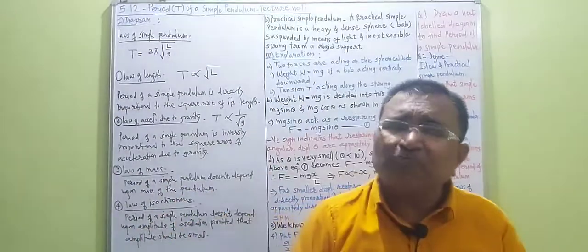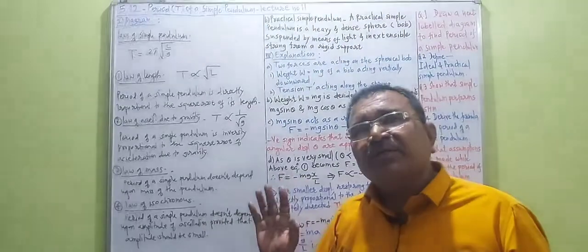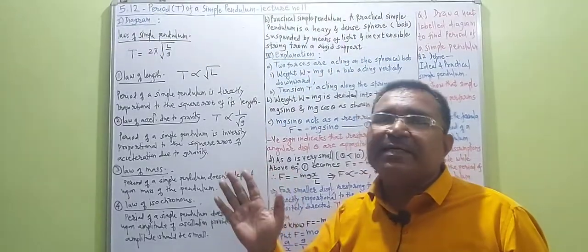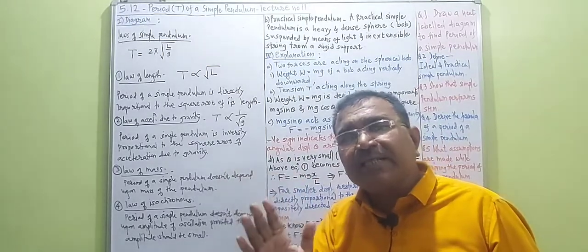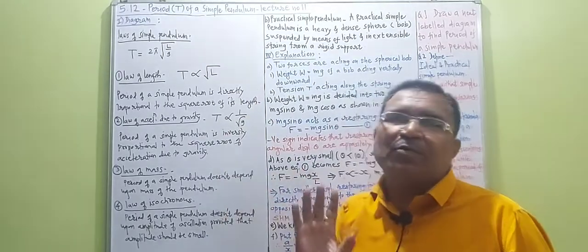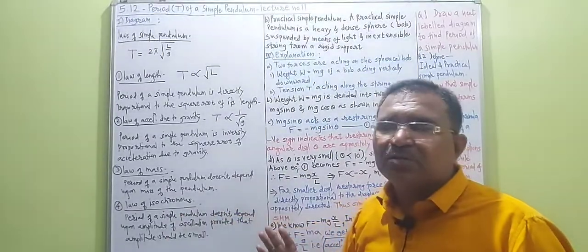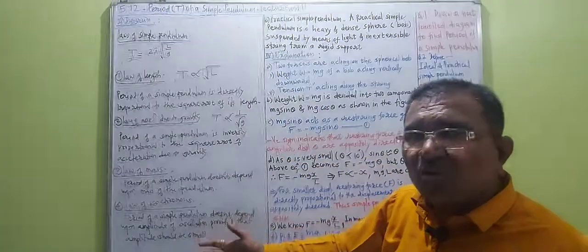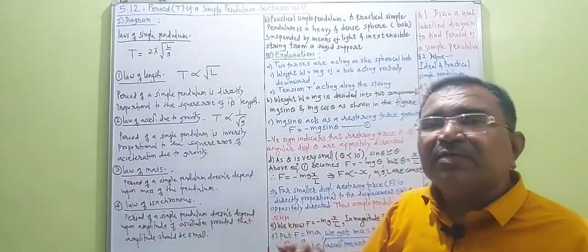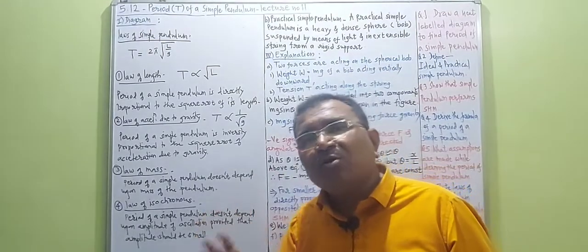That is the most important condition. To obey this law, amplitude should be small, less than 10 degree, or amplitude should be 20 times less than that of length of the pendulum. Then and then only this law is possible, otherwise not. Law of isochronism. So these are the 4 laws concerned with period of a simple pendulum, or we can say the laws of simple pendulum.